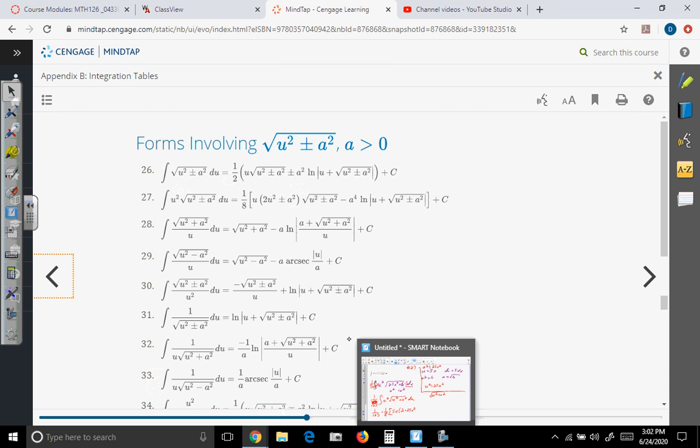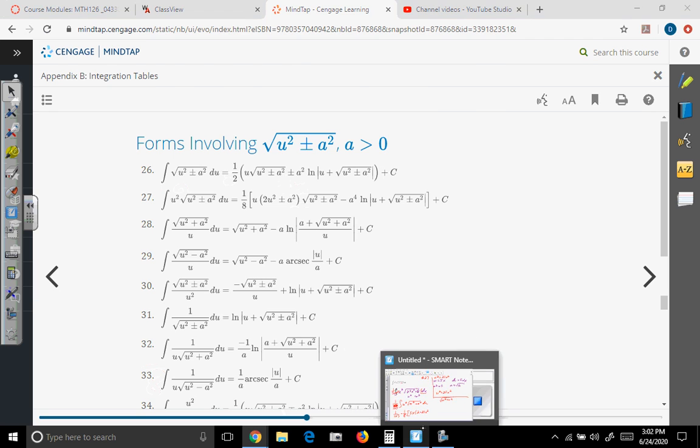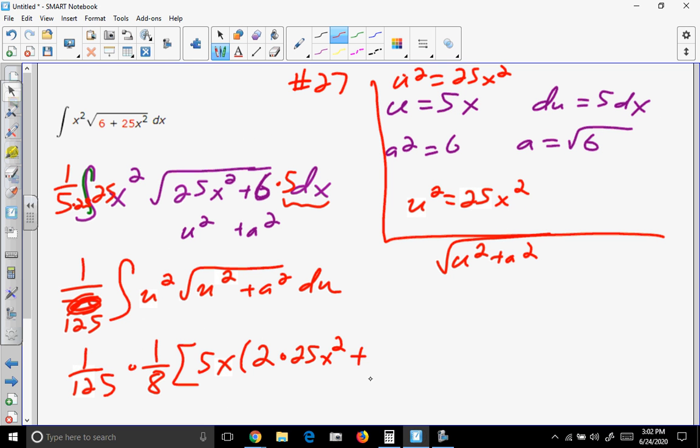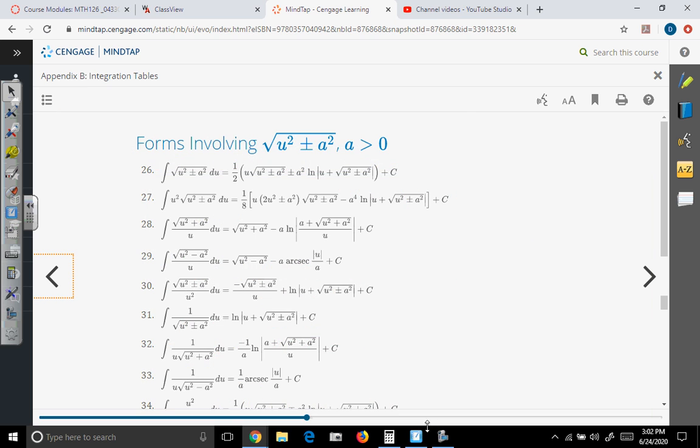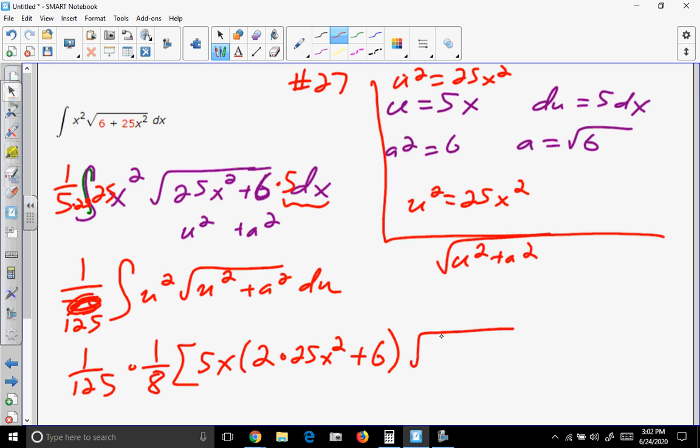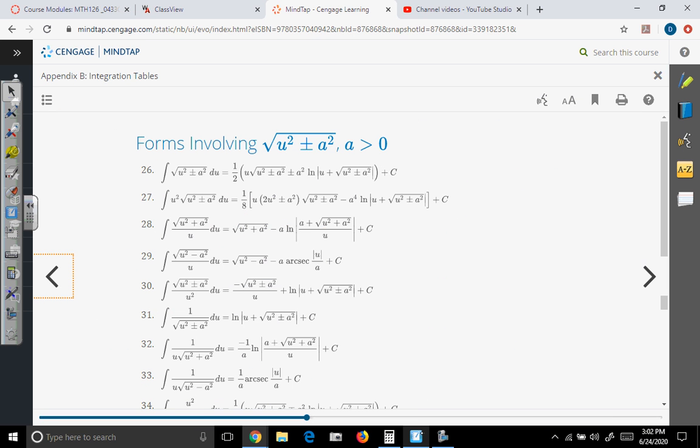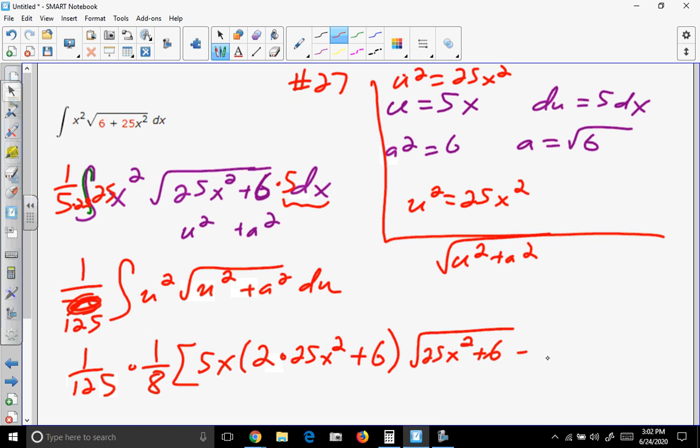So we got a plus, so we're going to do plus a squared times the square root of u squared plus a squared, minus a to the fourth.